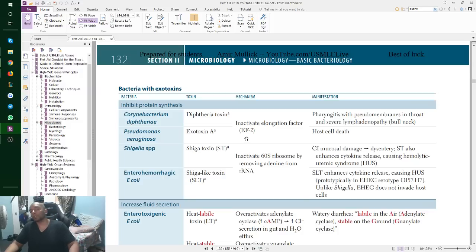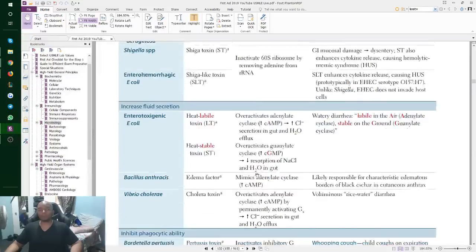Alright, so you really got to know that. This kind of questioning does come up a lot. Shigella and enterohemorrhagic E. coli both release this Shiga toxin kind of thing, which inactivates the 60S ribosome, right? By removing adenine from the rRNA, ribosomal RNA.